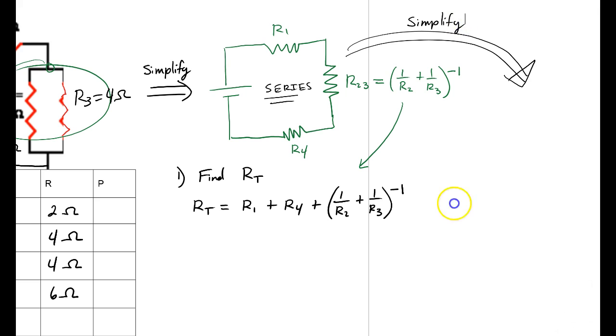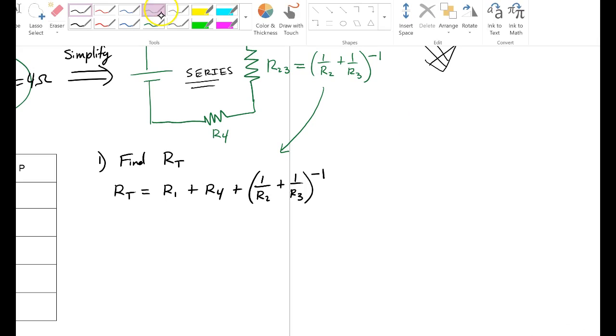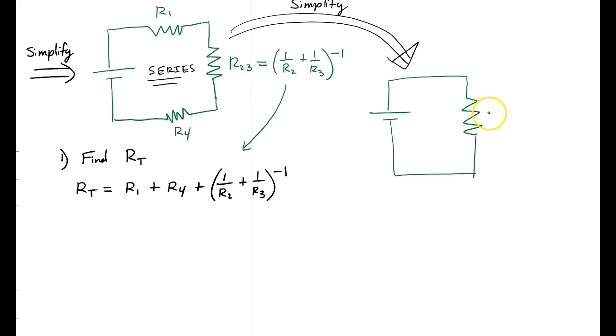Okay, we're going to simplify that series circuit into an even simpler circuit, which is called a simple circuit. Simple. Okay, notice that this is the first circuit that we studied, and this one's going to be R1, 2, 3, and 4 combined.